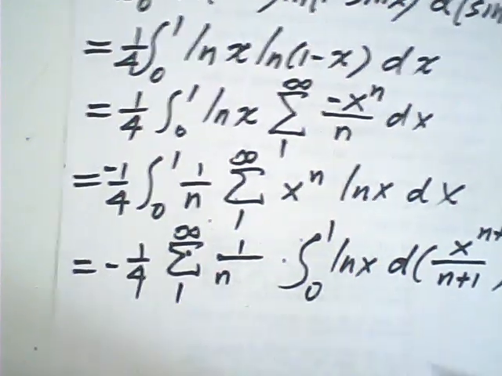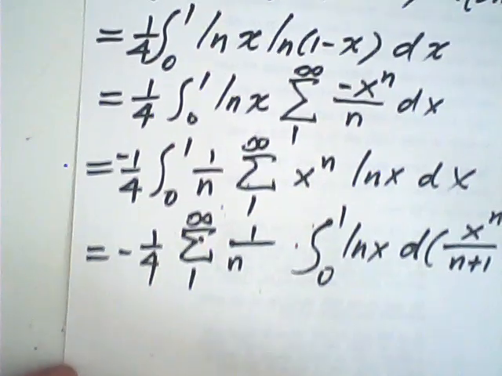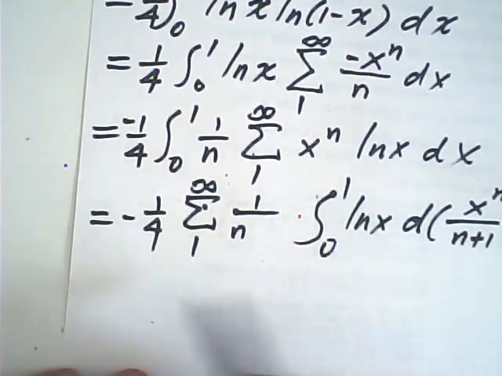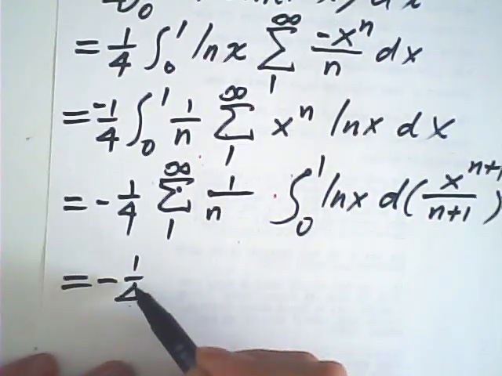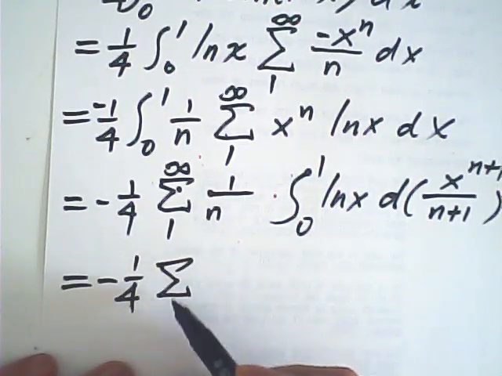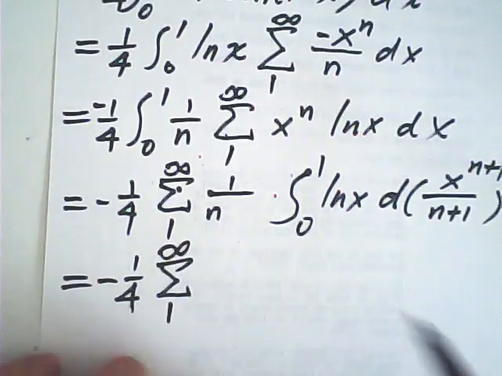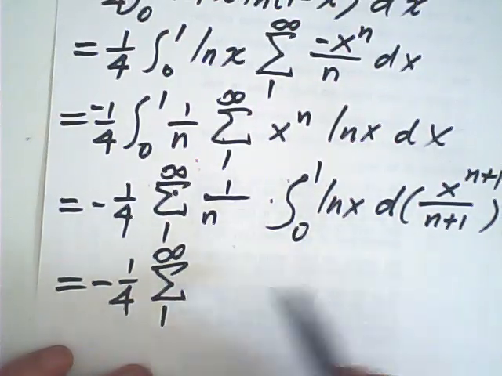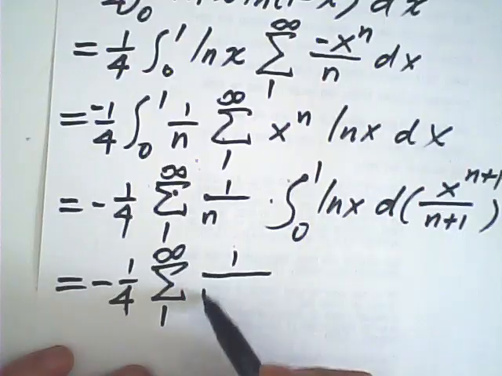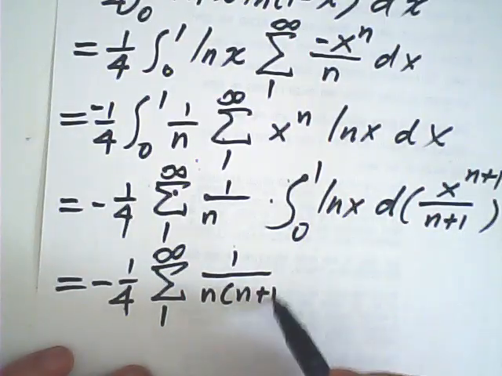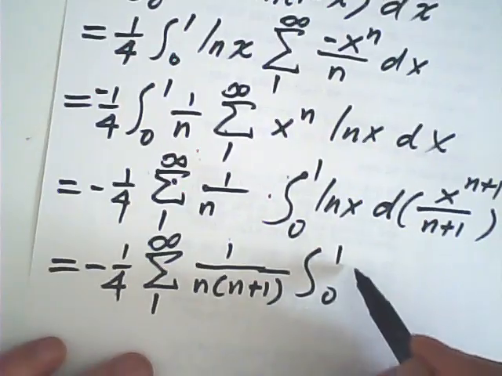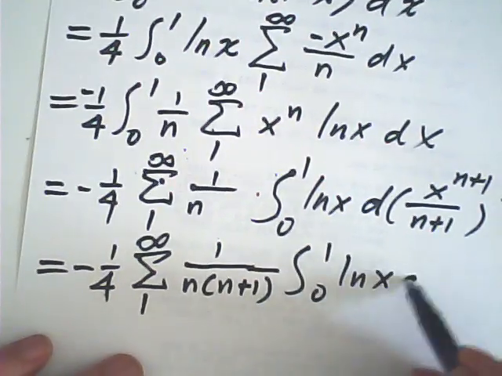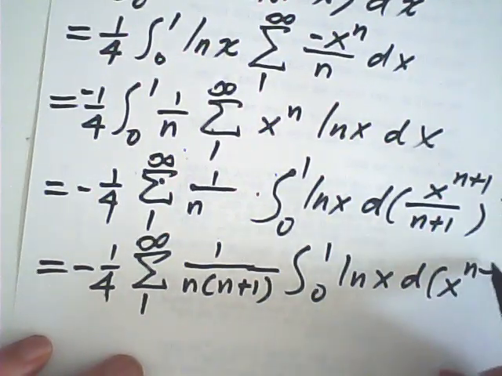Yeah, that's correct. Then I can work carefully because it's very easy to come up with an error. Now this 1 over n can be put outside, 1 over n, 1 over n plus 1, the integral of log x d x to the n plus 1.